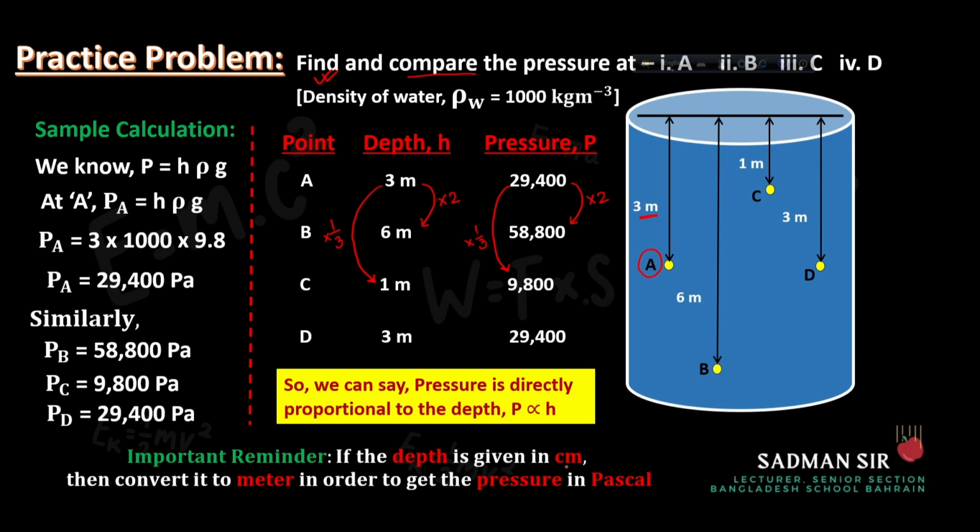So if it is given in centimeter, let us say 300 centimeter, you have to convert it into meter by dividing it by 100, then you will get it in meter, and then you put the value of h here and do the rest of the calculation.